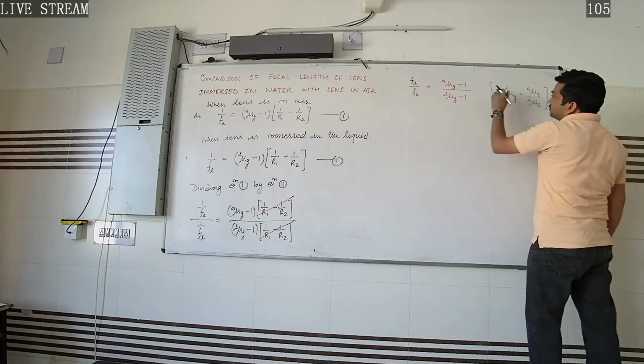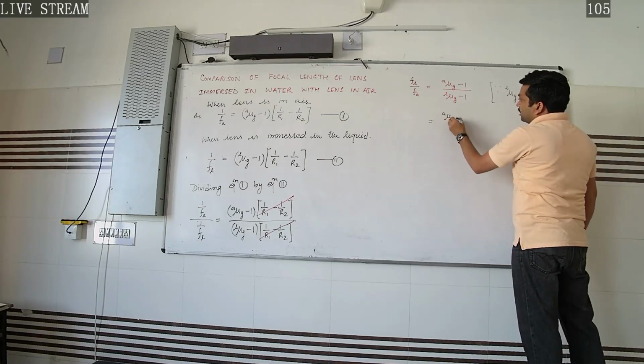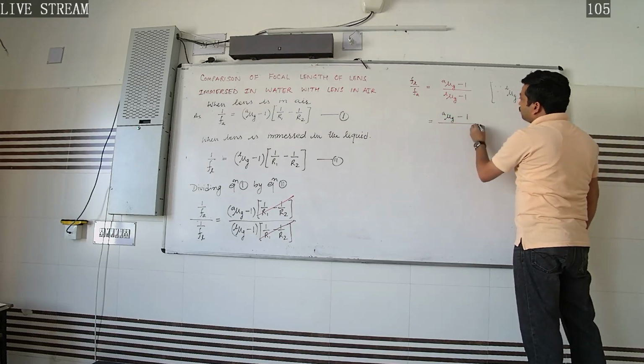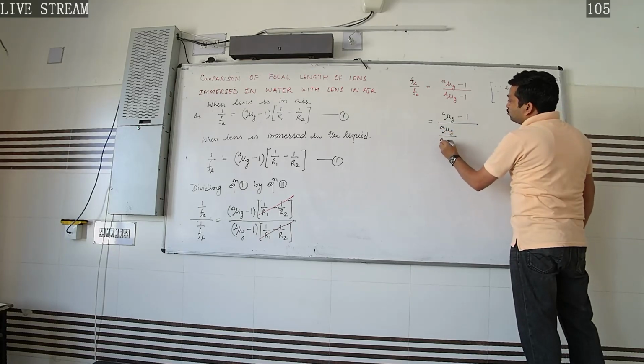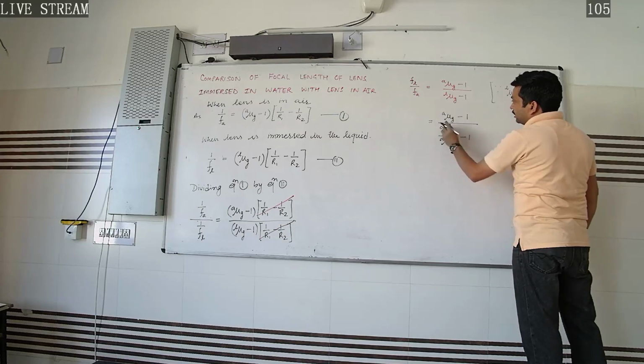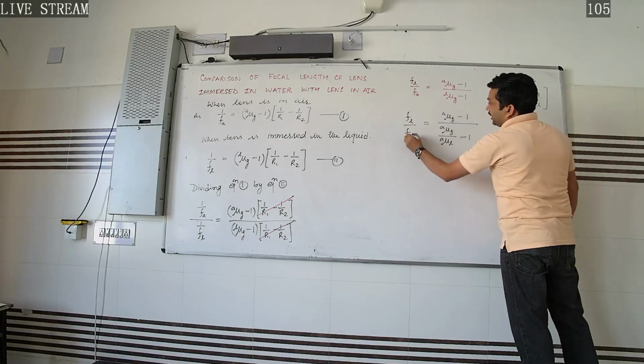So if I put its value here, then this formula will further get expanded up. (aμg − 1)/((aμg/aμl) − 1) = fl/fa.